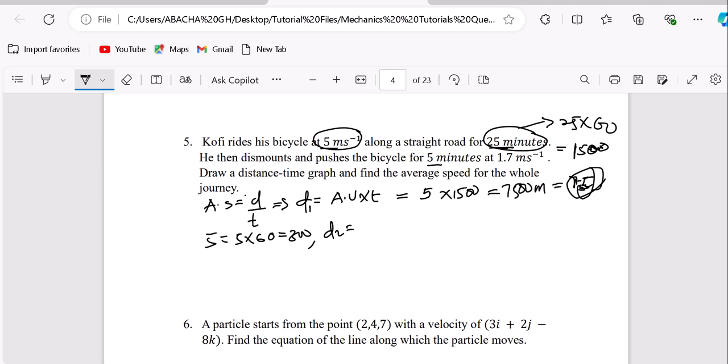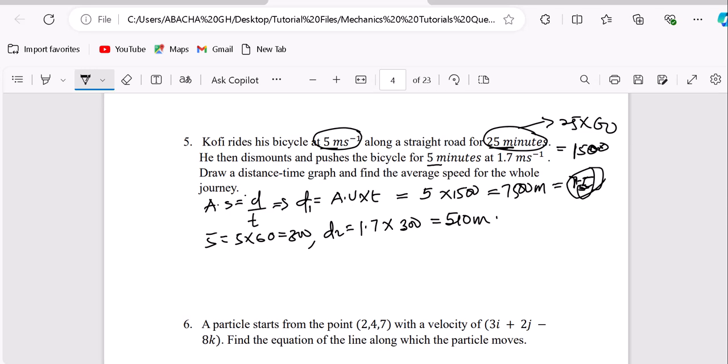Now our d2 is equal to the average speed for that part, 1.7 times 300, which is 510 meters. You see.